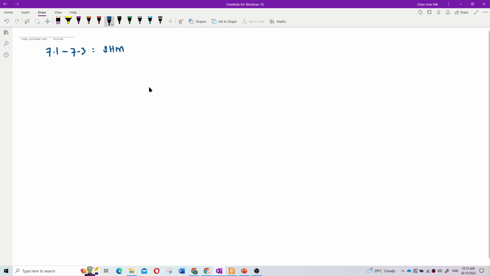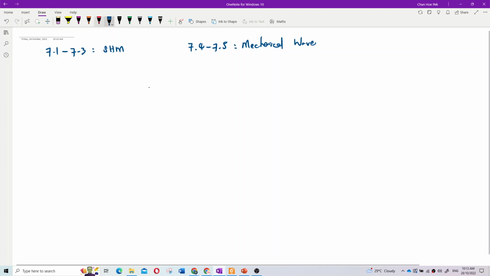So later now, 7.4 to 7.5, we are focusing on mechanical wave. So this one is oscillation of only one particle.